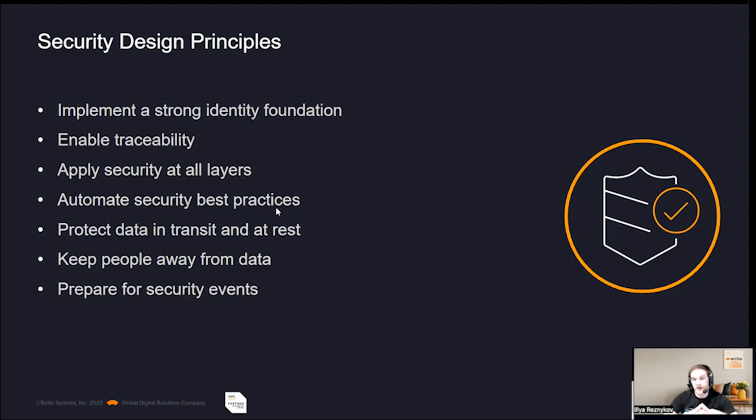And the final principle is that we need to be prepared for security events, because even if we created our architecture in the most secure way, sometimes a security event happens and we need to have enough runbooks and playbooks to be able to address it.